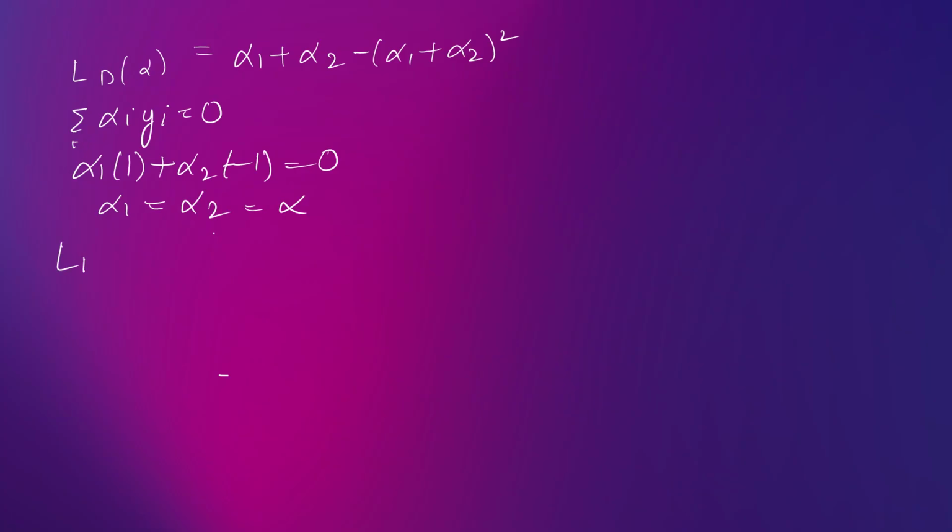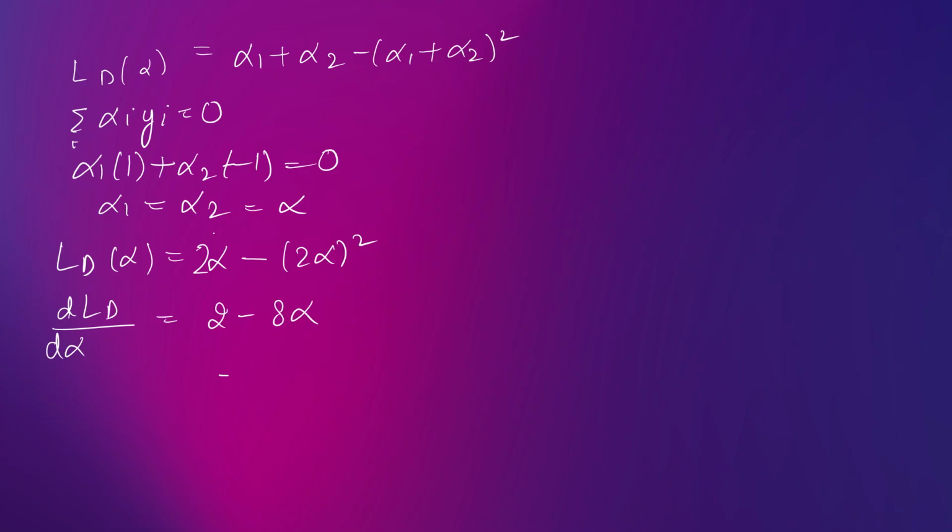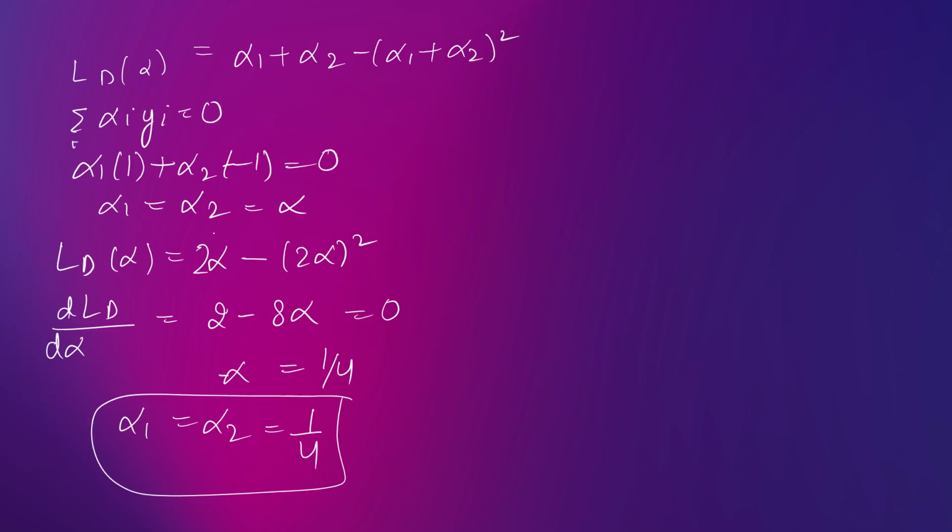Now you substitute this in LD alpha, you get 2 alpha minus 2 alpha whole square. On differentiating with respect to alpha, you get 2 minus 8 alpha equal to 0. Alpha is equal to 1 by 4. We get the values alpha 1 and alpha 2 as 1 by 4. How? As they are all equal.